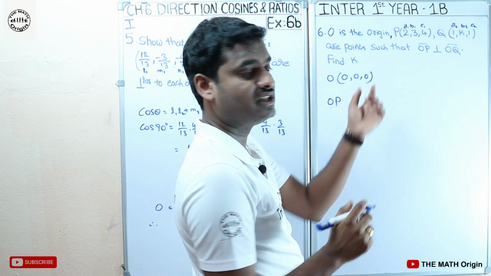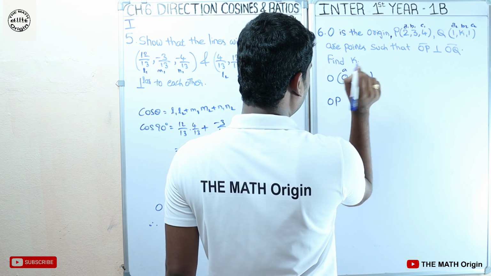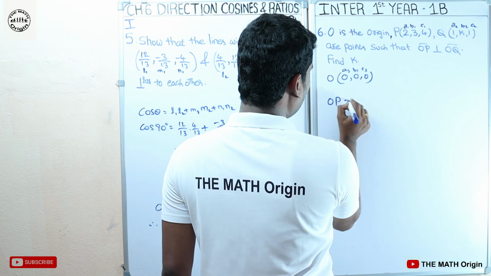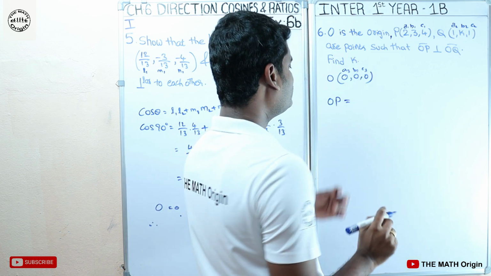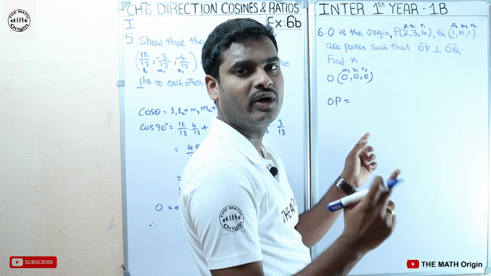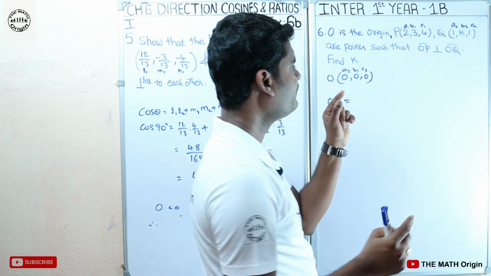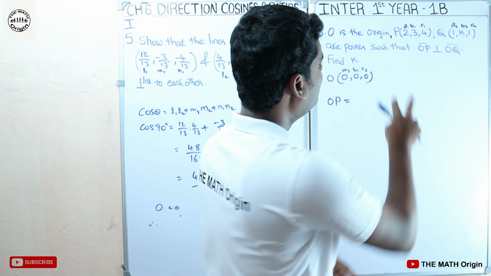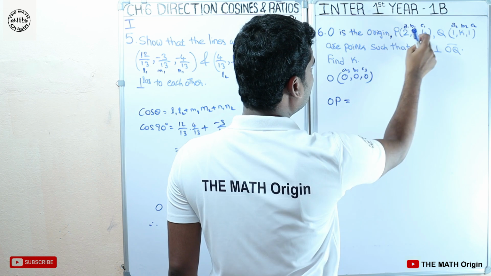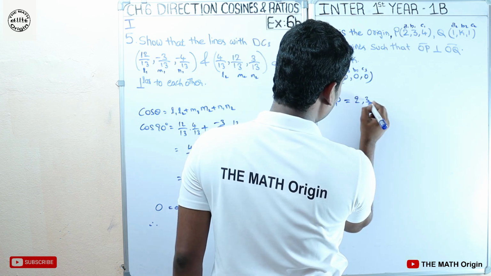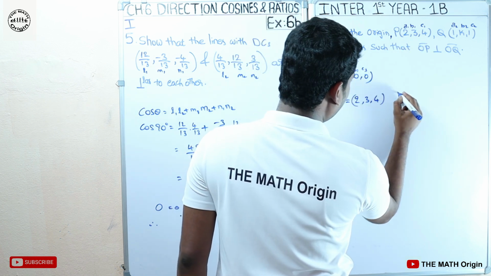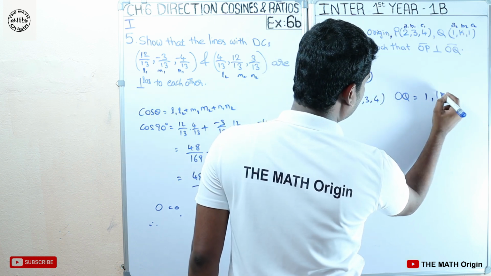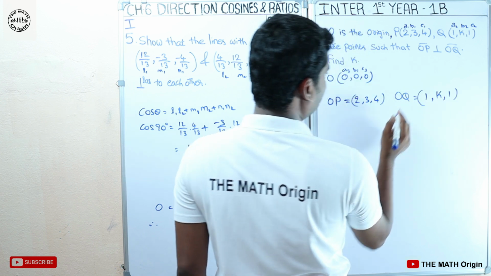If it is the direction ratio of a line with two endpoints, then the direction ratio will be x2 minus x1, y2 minus y1, z2 minus z1. In the same way I will do 2 minus 0, 3 minus 0, 4 minus 0, it will be 2, 3, 4. In the same case OQ also, 1 minus 0, k minus 0 and 1 minus 0.